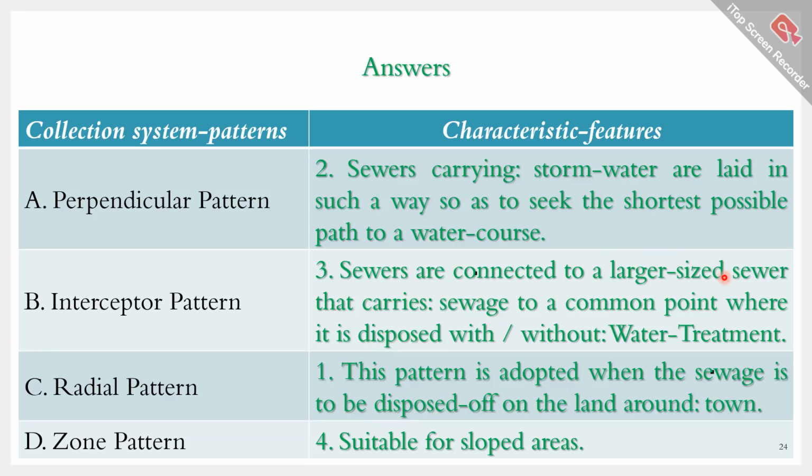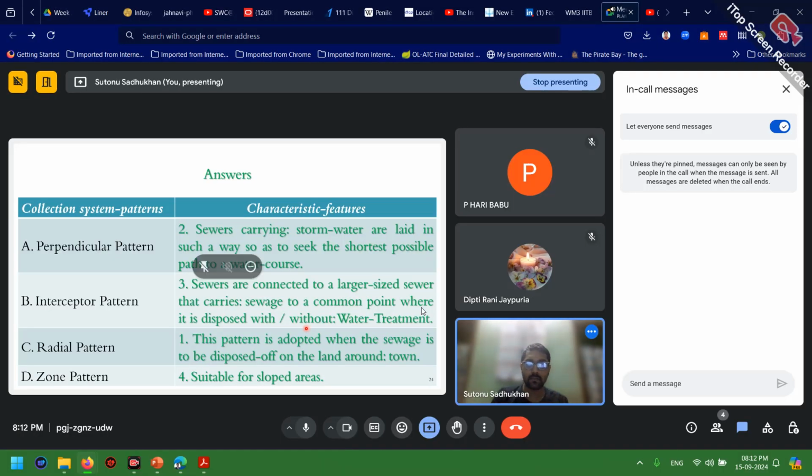Interceptor pattern is where sewers are connected to a large sewer that carries sewage to a common point where it is disposed with or without the water treatment.